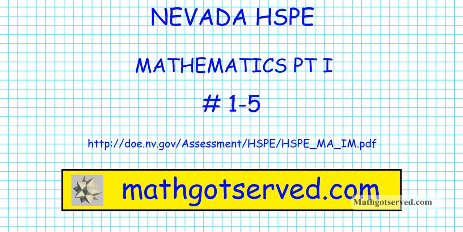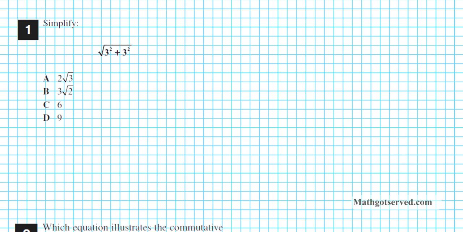So let's take a look at question number 1. For number 1, we are to simplify the expression the square root of 3 squared plus 3 squared. One mistake that someone might make, taking a look at this expression, so let's call this the wrong approach.